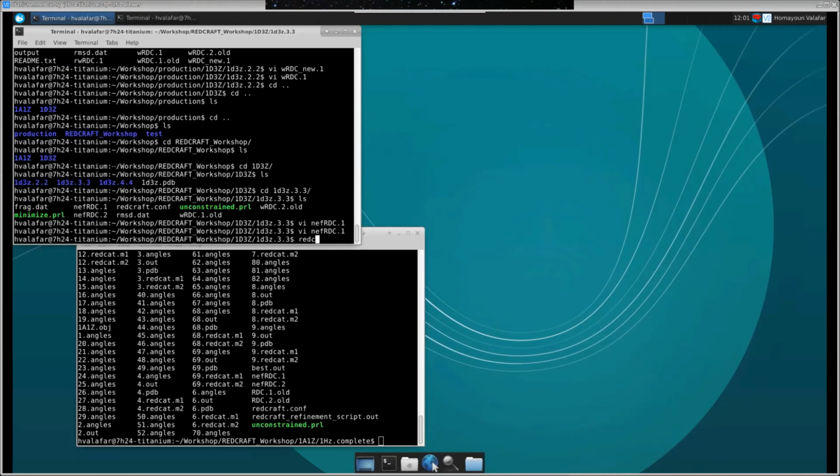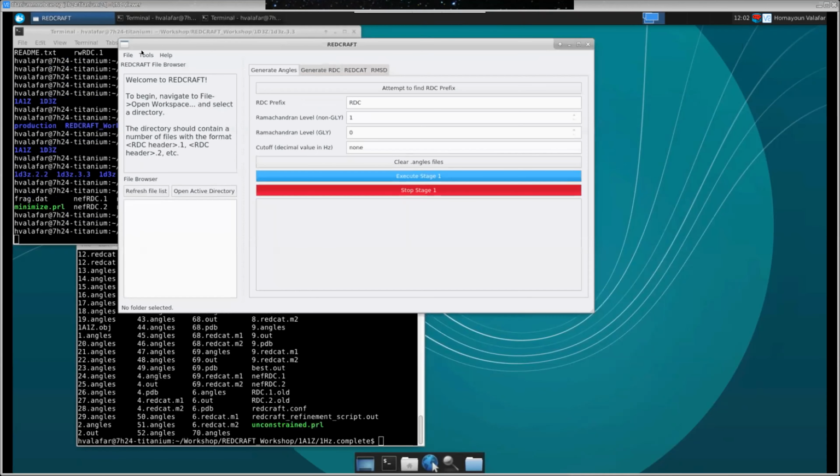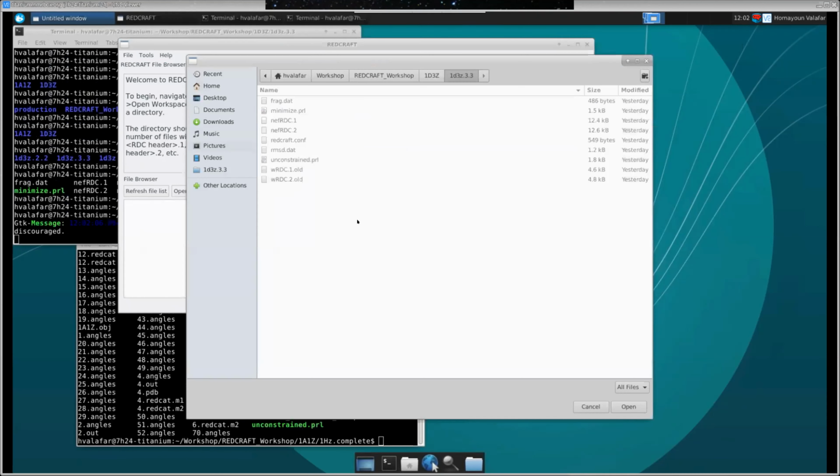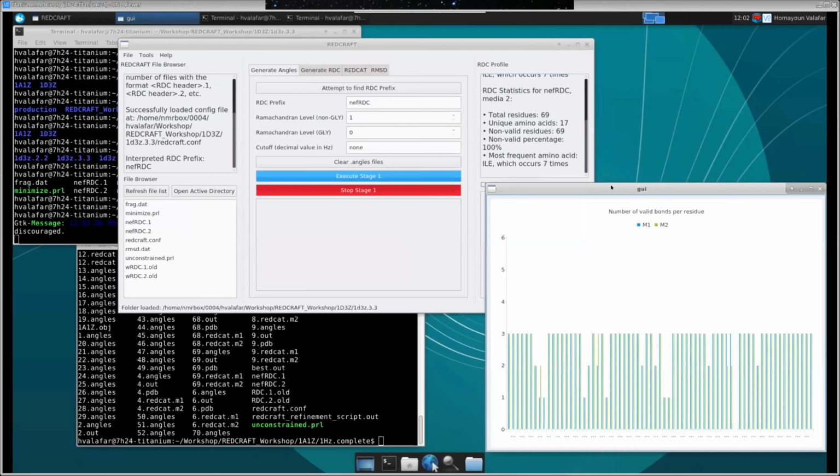If I was to start Redcraft GUI and switch my workspace to actually here, it automatically detects my data and does the analysis. This is a 69 residue protein, some breakdown of what's going on, but this is something you may want to look at.